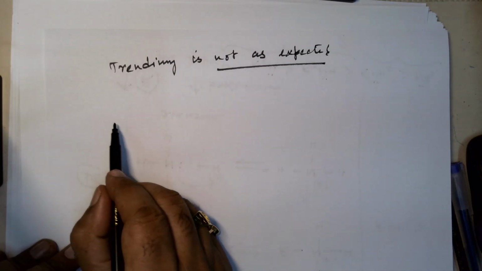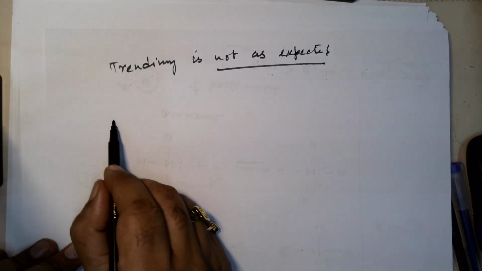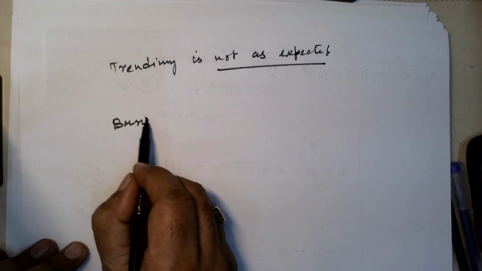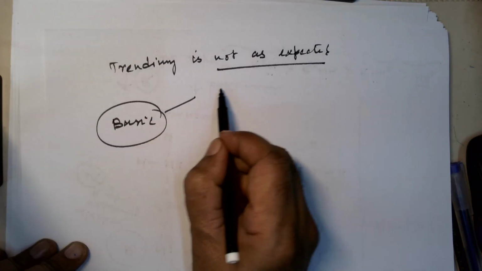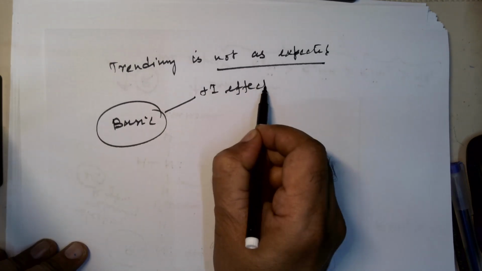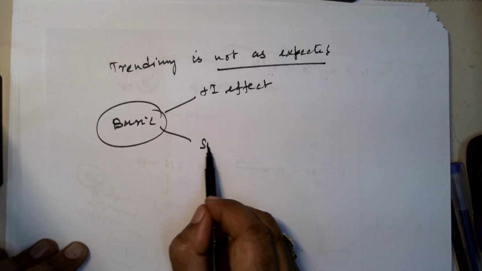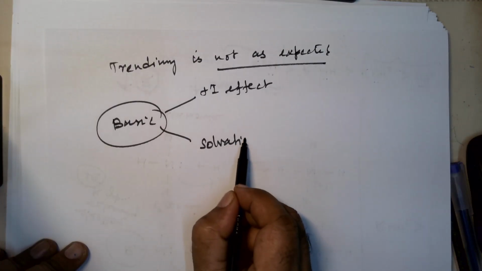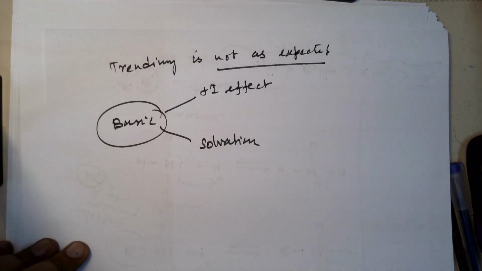This is because we cannot judge the basicity, that is the basic nature, based on this +I effect only. There is one more effect called the solvation effect, that is, surrounding by water molecules or solvent molecules.